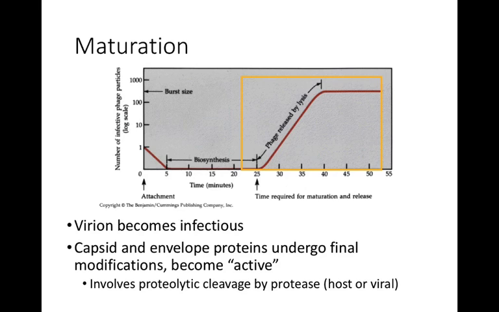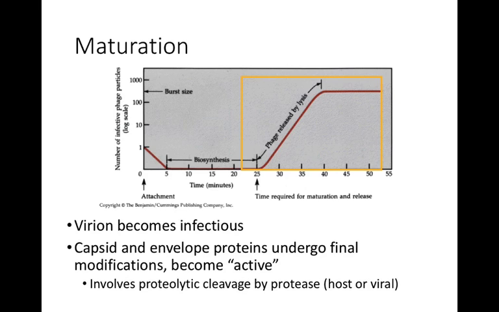Maturation is the point at which viral proteins are becoming fully mature. What we mean by this is, for example, some of the glycoproteins that make up spikes or the receptor binding proteins may require sugar molecules to be put onto them. That's part of the maturation.